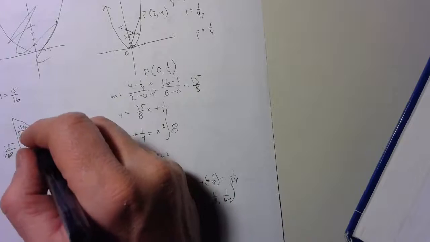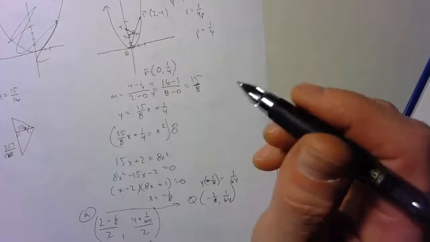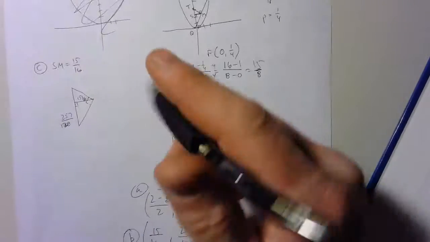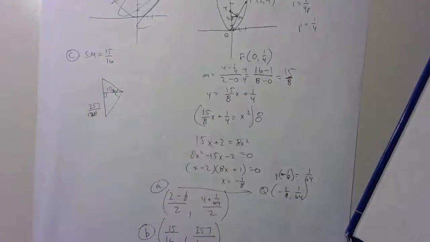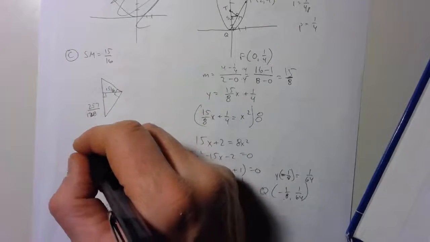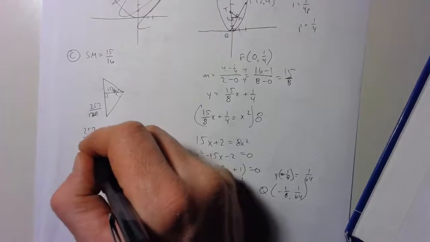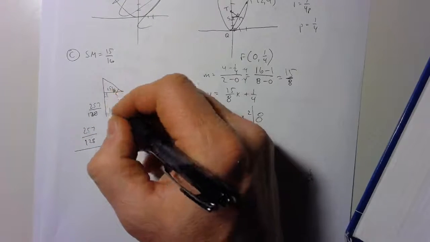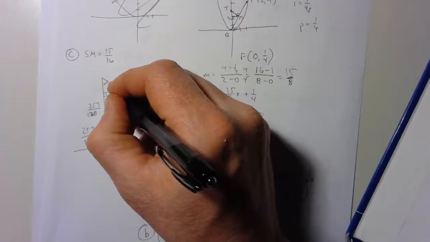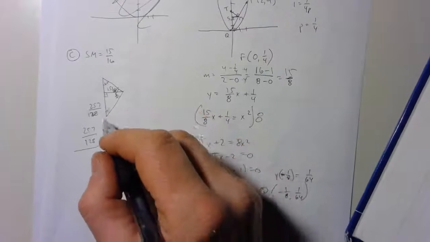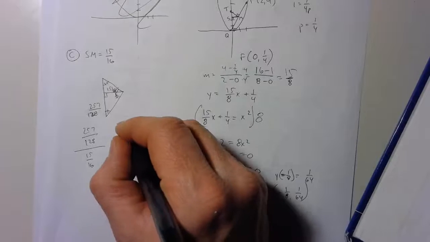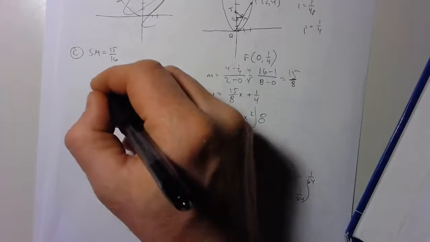We could do the Pythagorean theorem to get that length right there, but we don't really need that. We can just use the geometric mean. These two triangles are similar to each other, because we have right triangles there. So we could set up that 257 over 128, which is, if I put some angle measures on here, that'll help me to see, to the 15 over 16 as 15 over 16 is to this length right here.